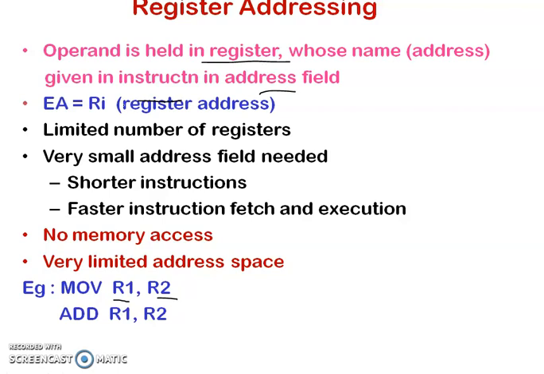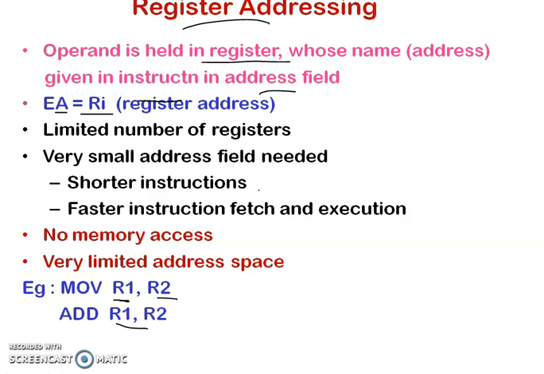So the effective address is the register, that is, the register name is given in the operand field. No memory access is needed for register addressing. The operands are just the registers. For example, move R1, R2 and add R1, R2 are examples of register addressing mode.